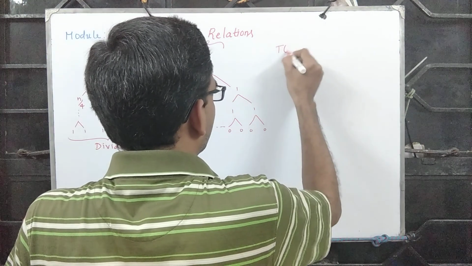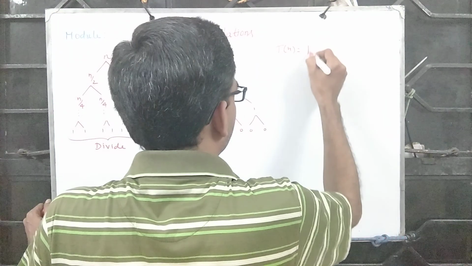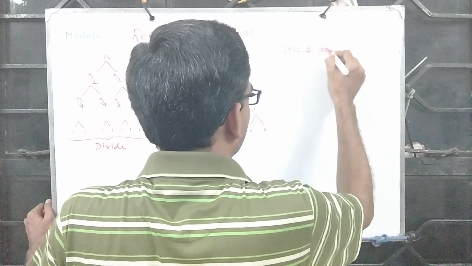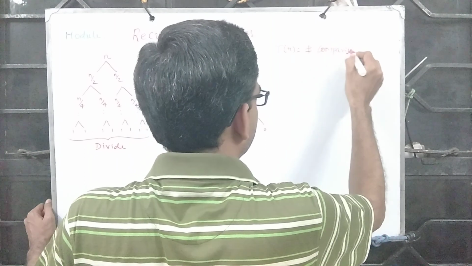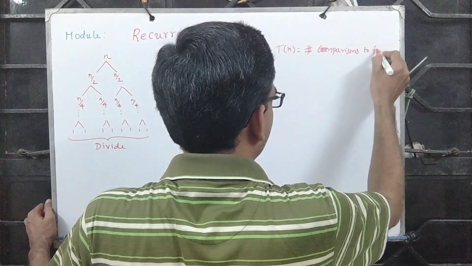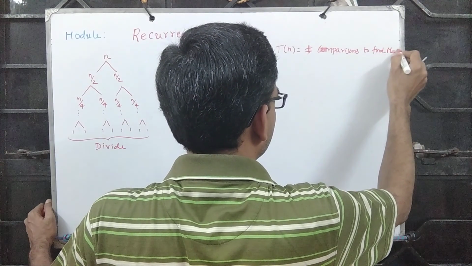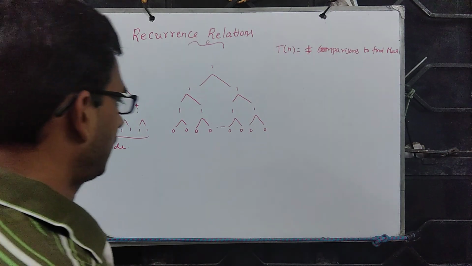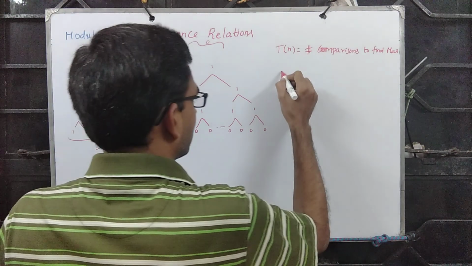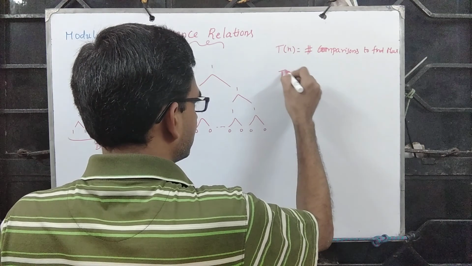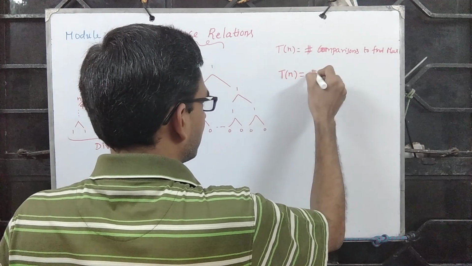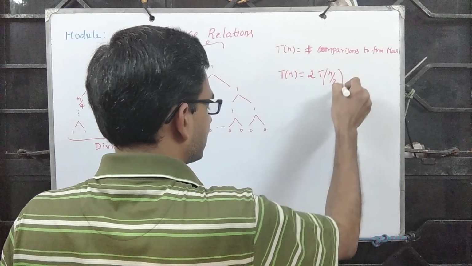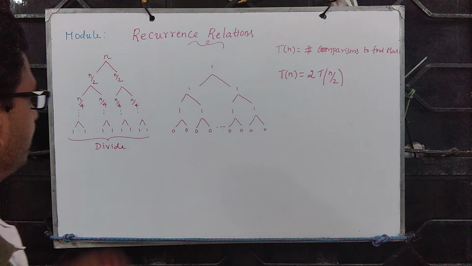So T of n denotes the total number of comparisons to compute or find the max. Fine. Now how is this done? To do this, we create two subproblems, each of size n by 2.